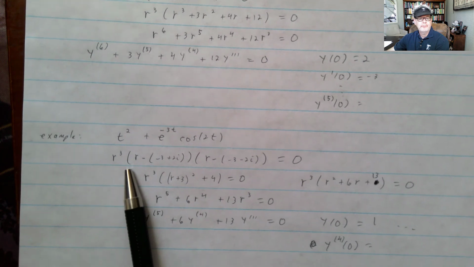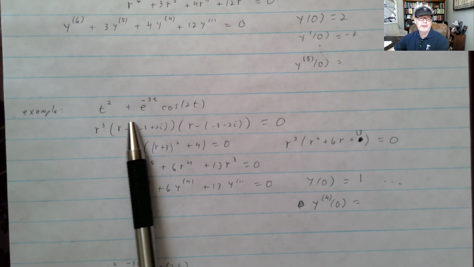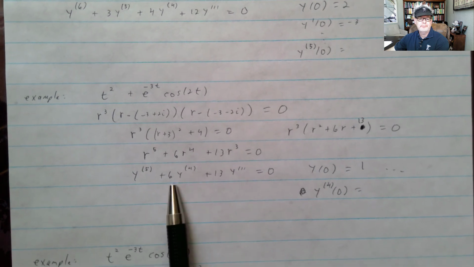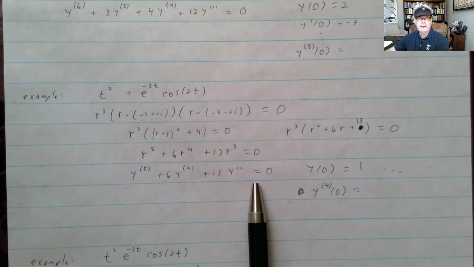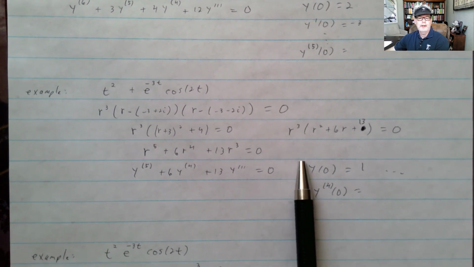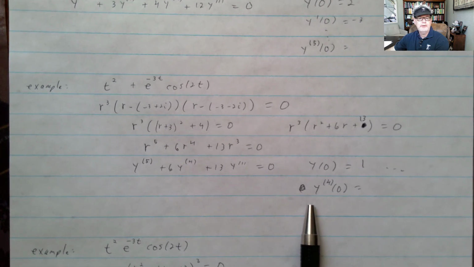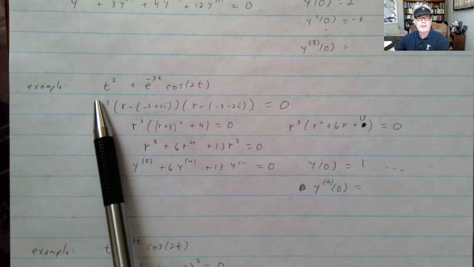Or for this example, the t squared plus the e, then these would be the roots of the characteristic equation. So this would be the differential equation, and then again you can figure out the initial conditions so that would be the solution.